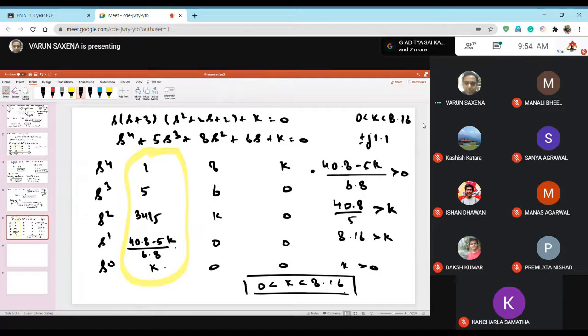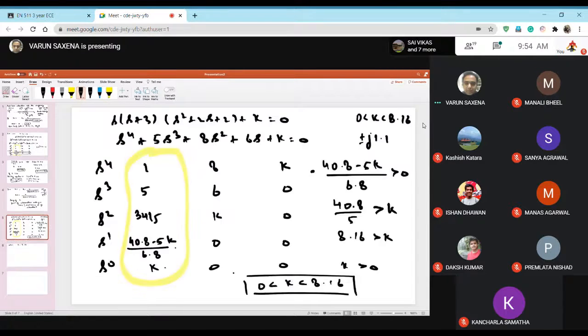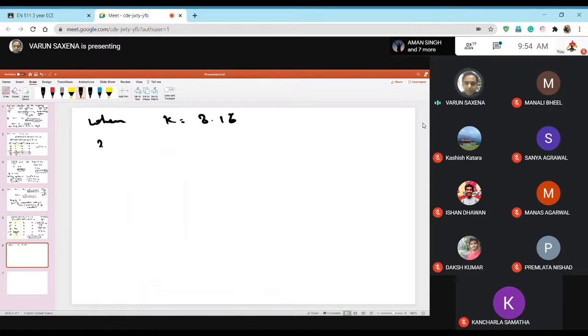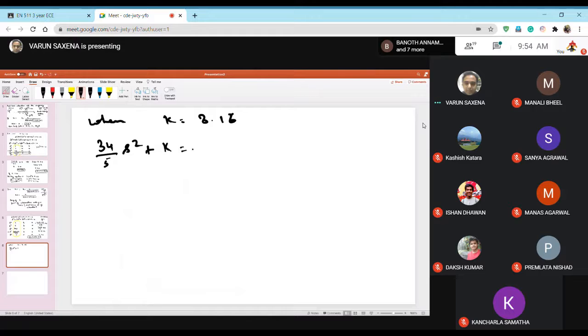So now when k is equal to 8.16, you'll see that this entire row becomes equal to 0. That means we now search for the auxiliary equation. The auxiliary equation becomes 34.5 s square plus k equals 0, and k is 8.16.